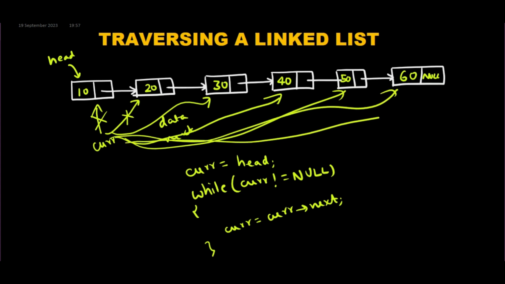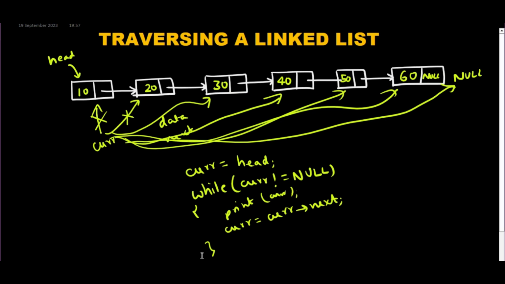Then again the next current will point to null, because this 60's next is null. So now the loop will see that the current has become null, so it will get out of the loop. Okay, and if you want to print out the value, we can print the current's value here.